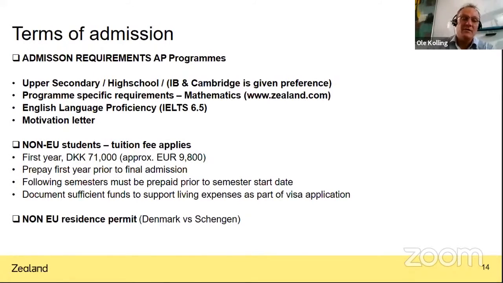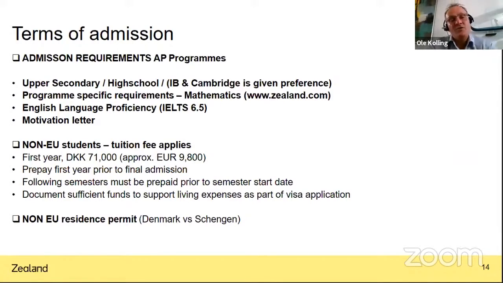In the second year, so consecutive years, you pay per semester. And typically the price will be a little bit lower when you advance into second year, and if you continue, for instance, for the top-up bachelor, third year, and so on. But you have to prepay. That is a requirement we have.